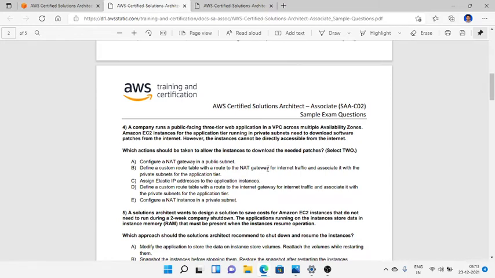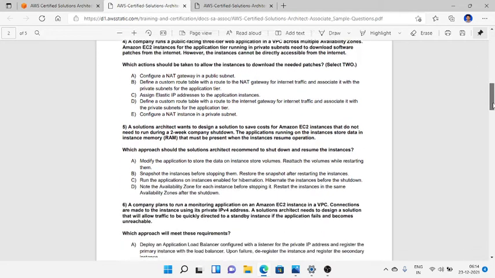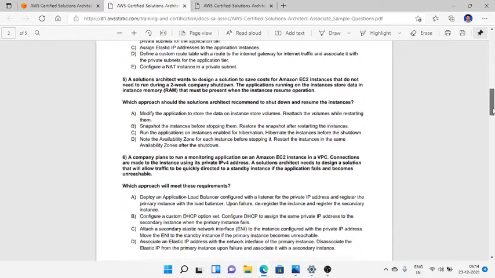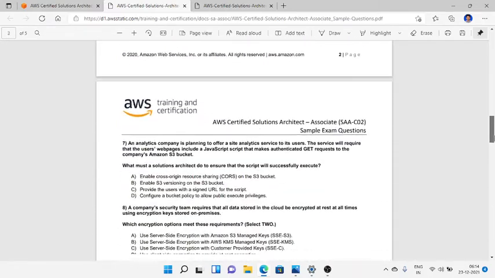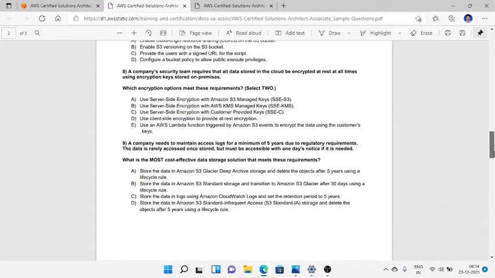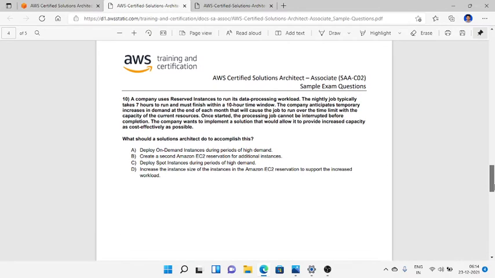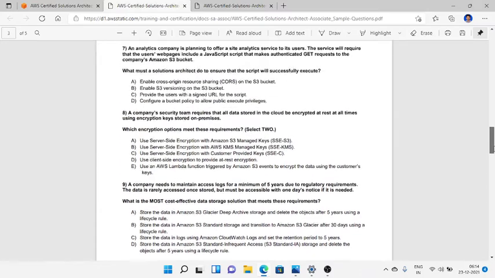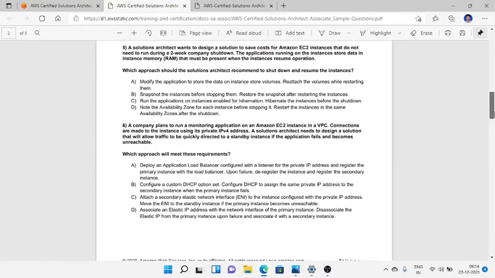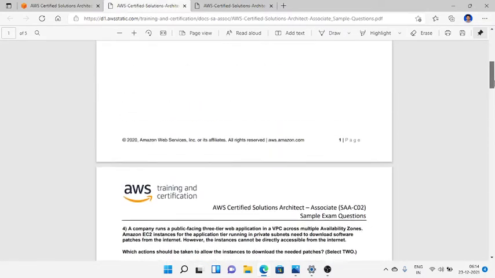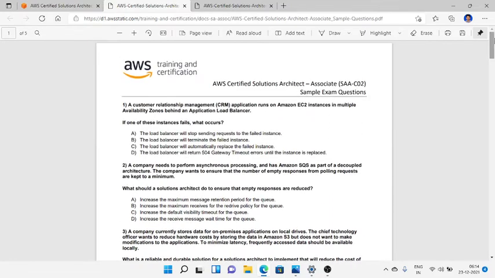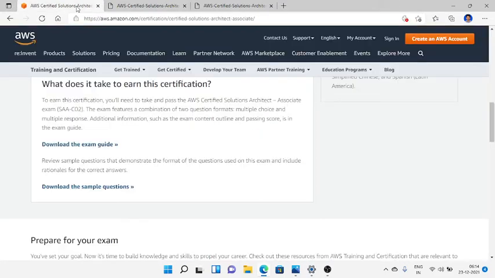You have to select the correct two answers from these five answers. So there are two different types of question patterns. You can download and check the questions.